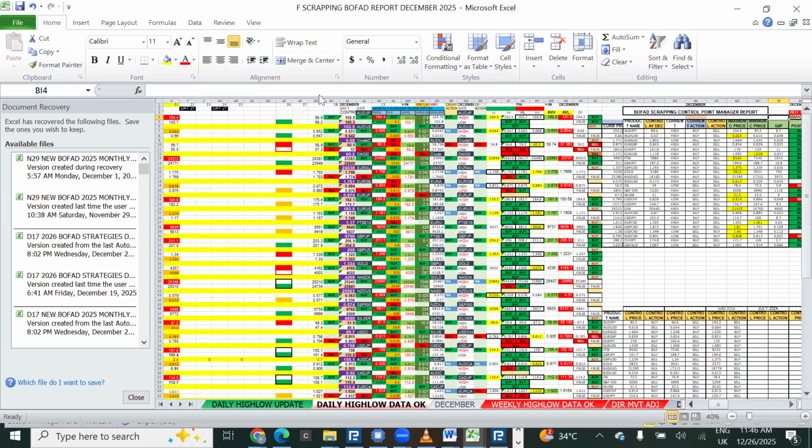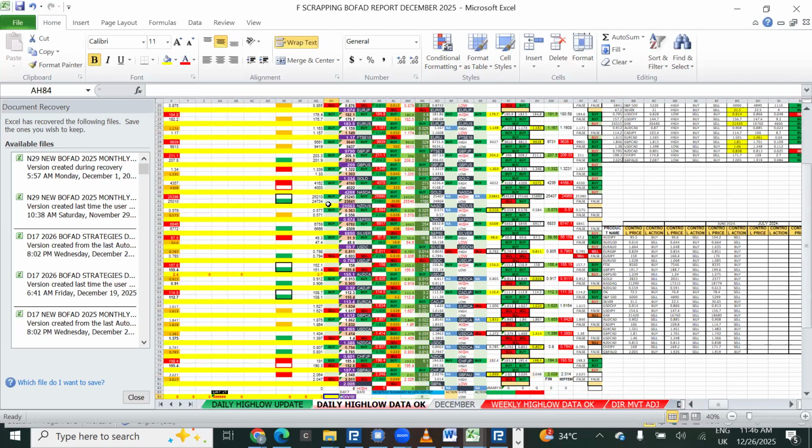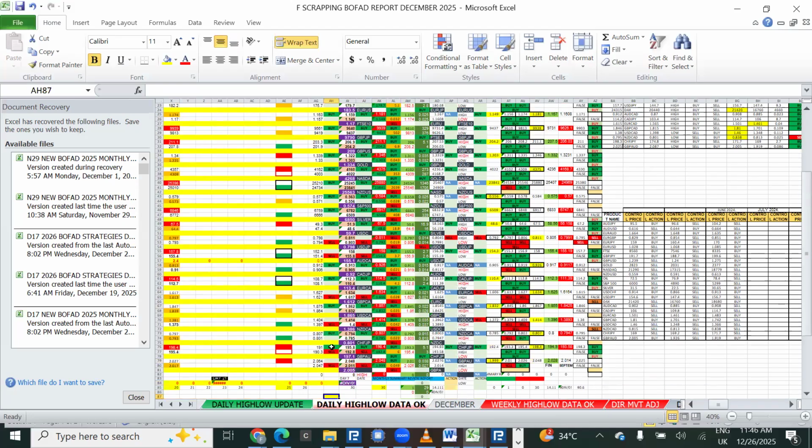So here is the first input that we have, column AH. You can see here it has a decision tree for the market. So sometimes, for example, if you look at oil here, it has buy and sell. Sometimes some of them we just have one direction, and sometimes we have both directions.